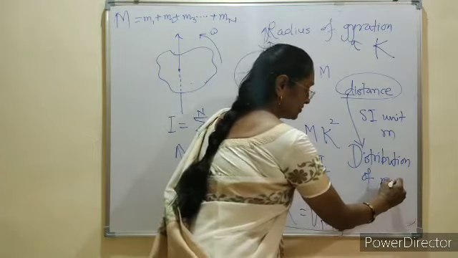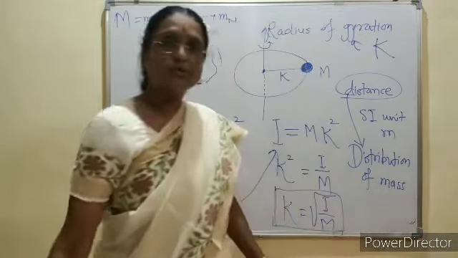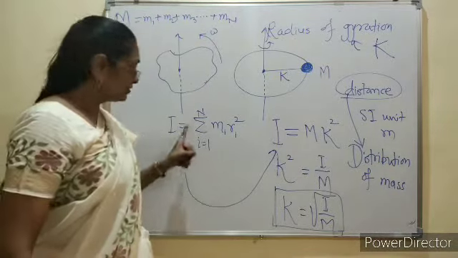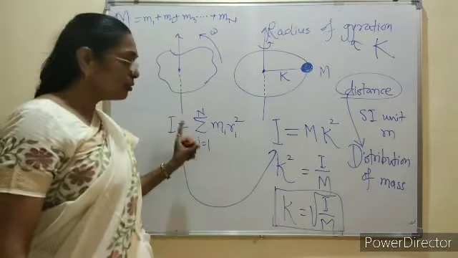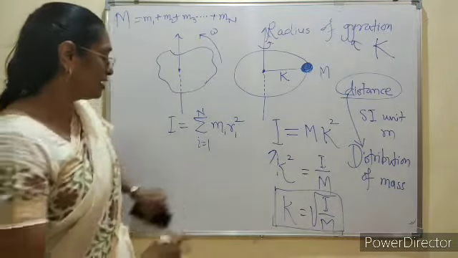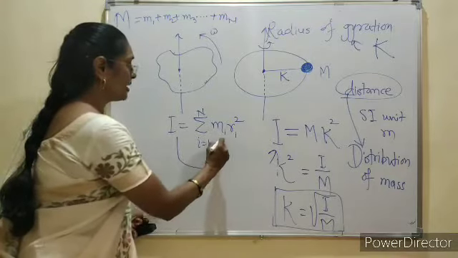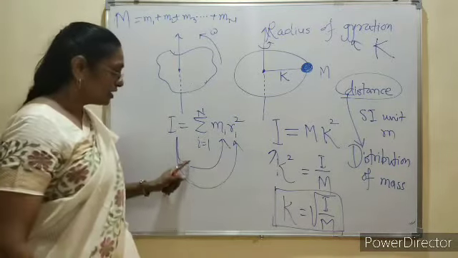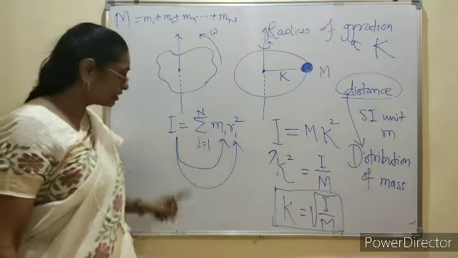Now, as this represents a distance, it gives the idea of distribution of mass. So try to understand again and revise the concept of moment of inertia. In moment of inertia also, I depends on m and on r, the distance from the axis of rotation.